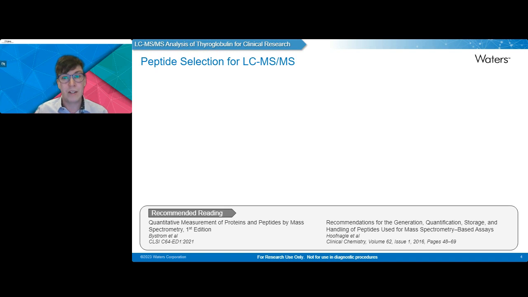The recommendations at the bottom of the slide are taken from the Hoofnagle paper in Clinical Chemistry from 2016, shown in the bottom right, and then the CLSI C64 guideline, which was released in 2021, provides an overview of these guidelines alongside some wider guidelines for protein quantification by mass spectrometry.